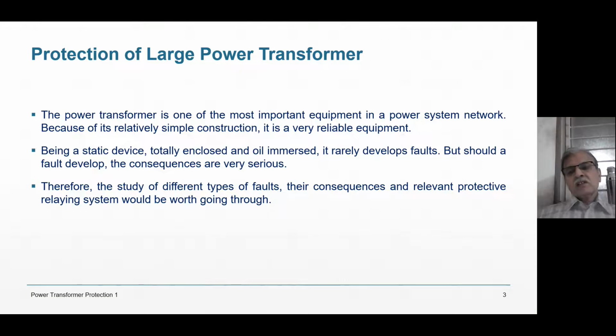Therefore, faults are rare, but if at all faults occur, we should have a comprehensive protection. Therefore, we will study the different types of faults, their consequences, and relevant protective system, so that we understand the protection of power transformer fully.